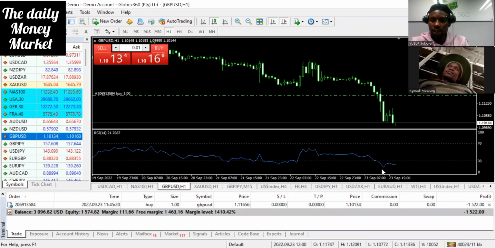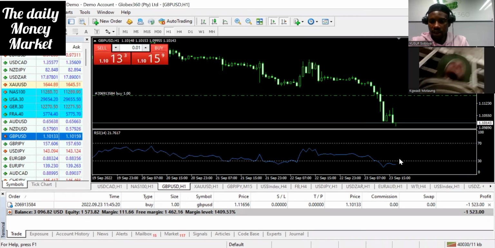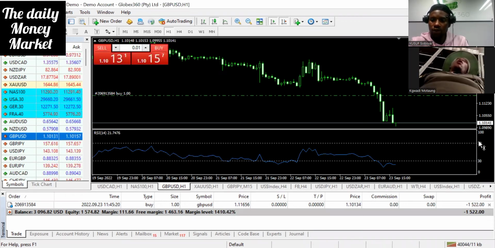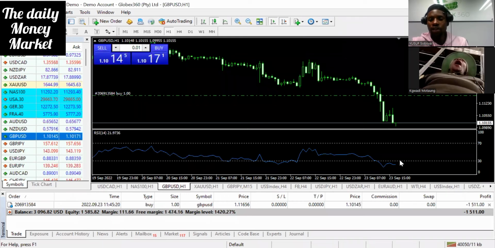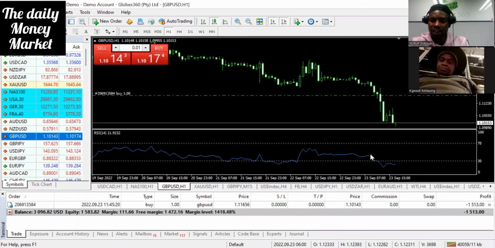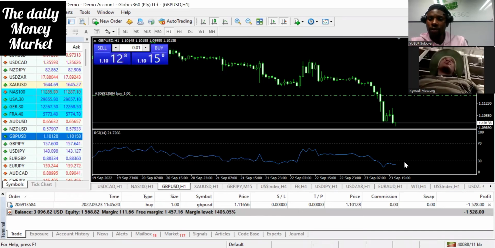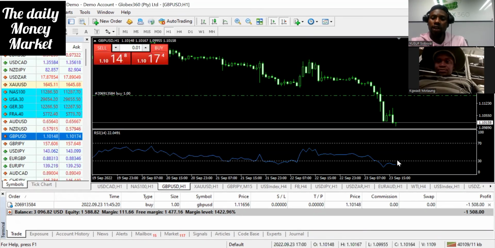So if you see this line get to this level, you see it's below 30. That means this market right now is oversold. The Great British Pound right now is oversold. So this is the time where you can just let it get to 30. Once it gets to 30, like the way it did here, it shoots up, right?